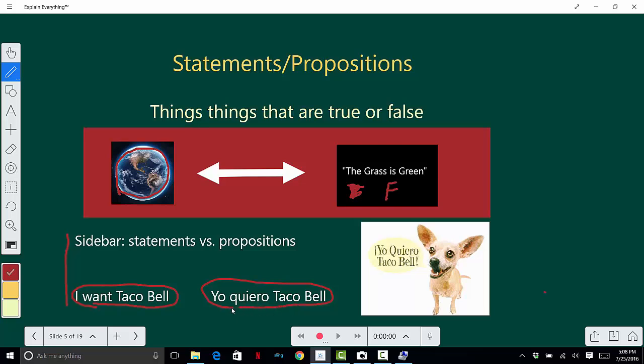But of course, the Spanish and the English of I want and Yo quiero aren't the same thing. I is spelled with I, want is spelled with W-A-N-T, whereas yo is spelled with Y-O, and quiero is spelled Q-U-I-E-R-O. Therefore, they have different properties and they're not the same thing. They can't be the same thing.